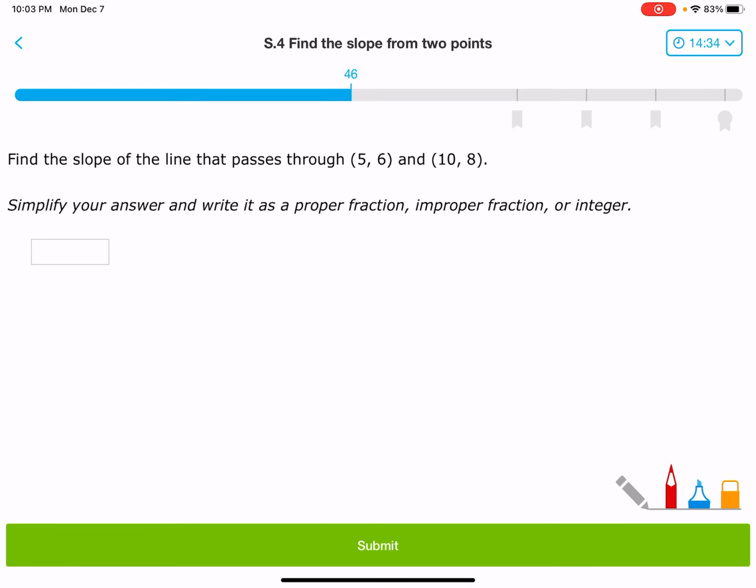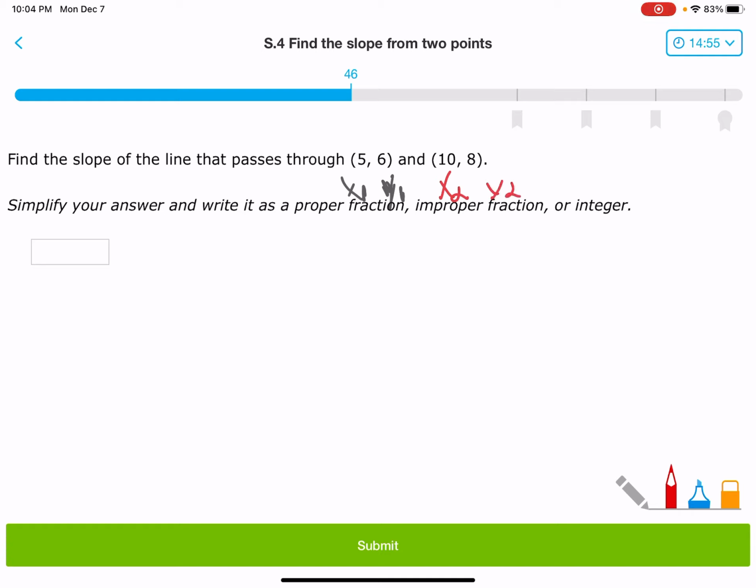Our next example: this is our x1, this is our y1, this one's our x2, and this one's our y2.